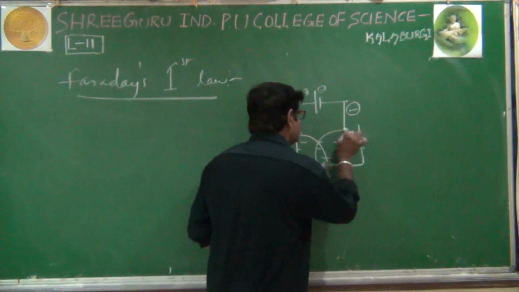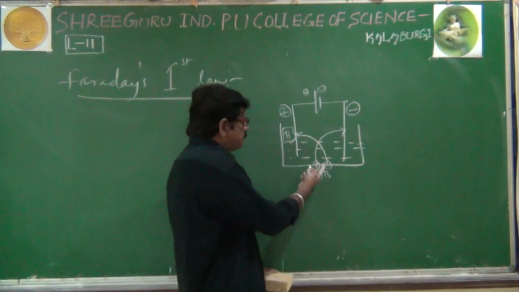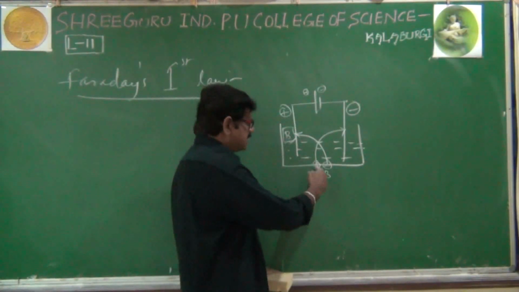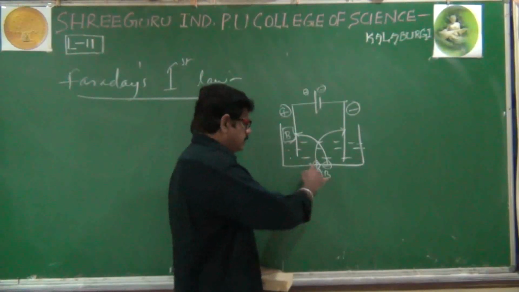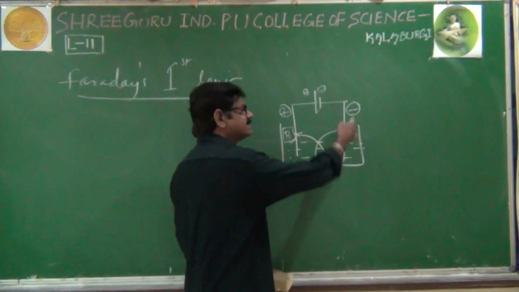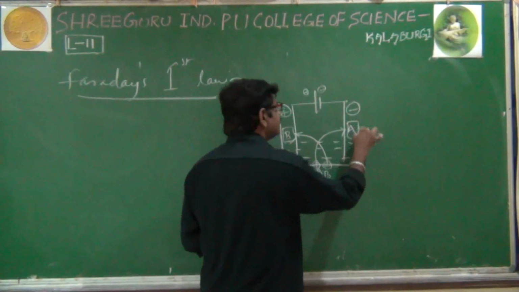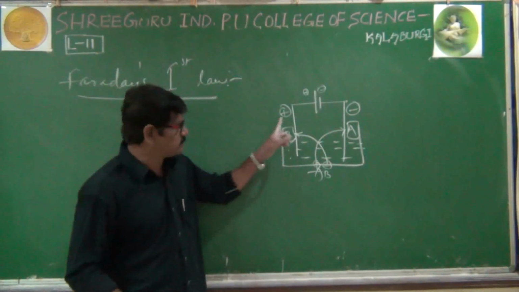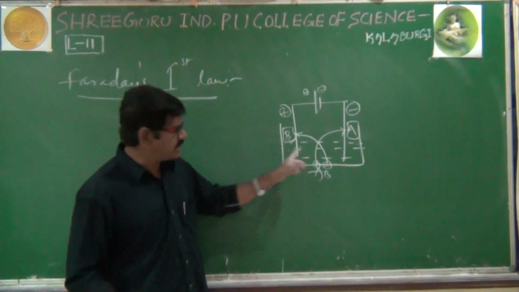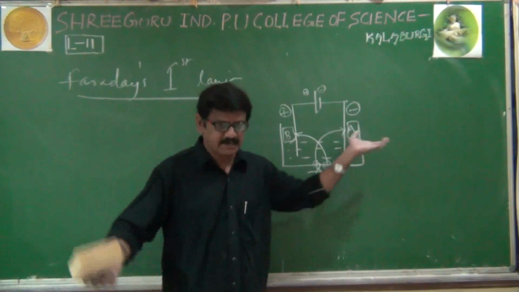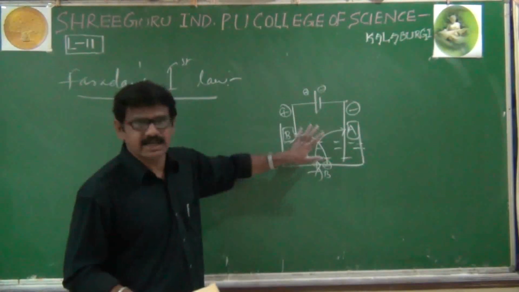Similarly, A plus ions are moving towards cathode because minus will go to plus, plus will go to minus. A plus ions will go and discharge at cathode, and A is forming. And of course, at anode oxidation takes place, and at cathode reduction is taking place. That's all. This is only called electrolysis.